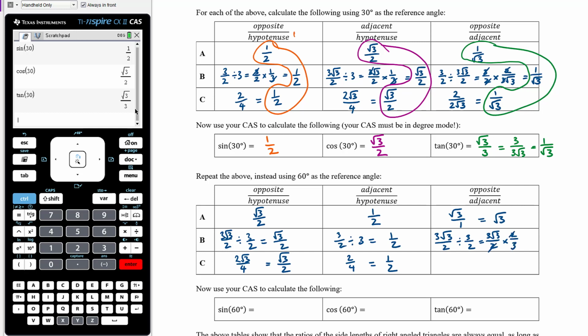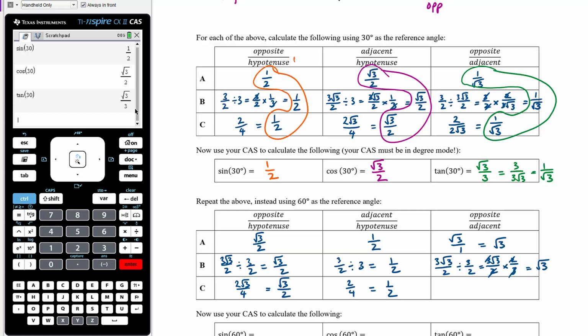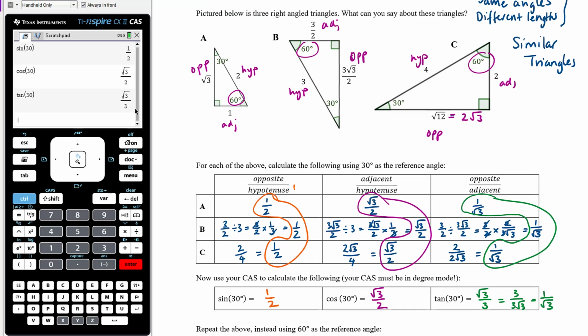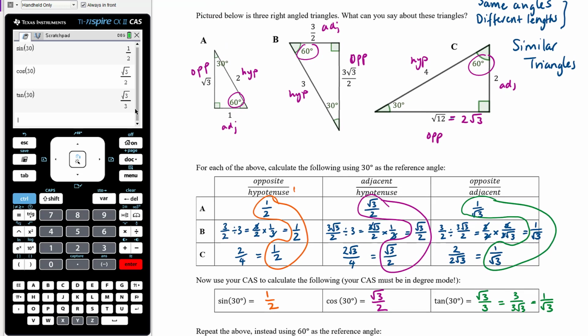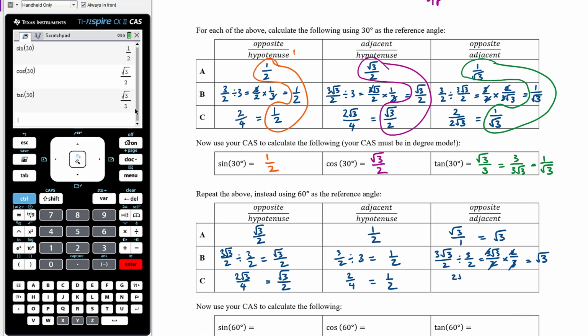So our 2's will cancel, our 3's will cancel, and we've just got root 3 on 1, so just root 3. And opposite over adjacent for triangle C is 2 root 3 over 2. So again, also just root 3. Okay, so again, we've got the same thing.